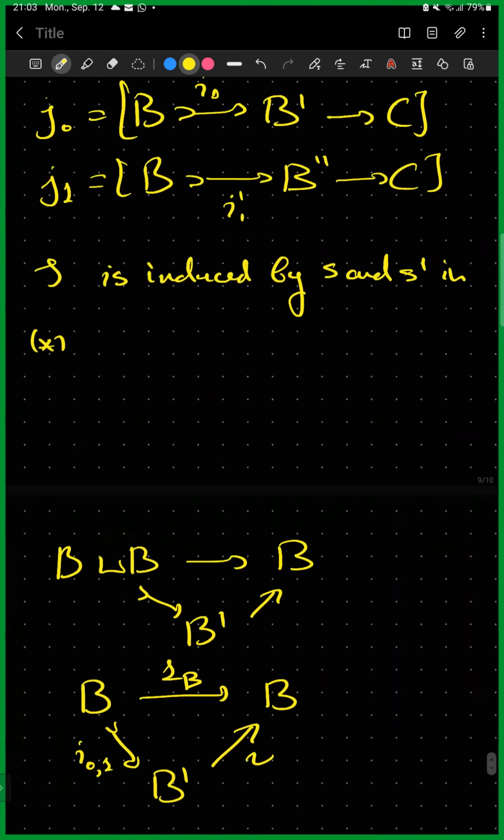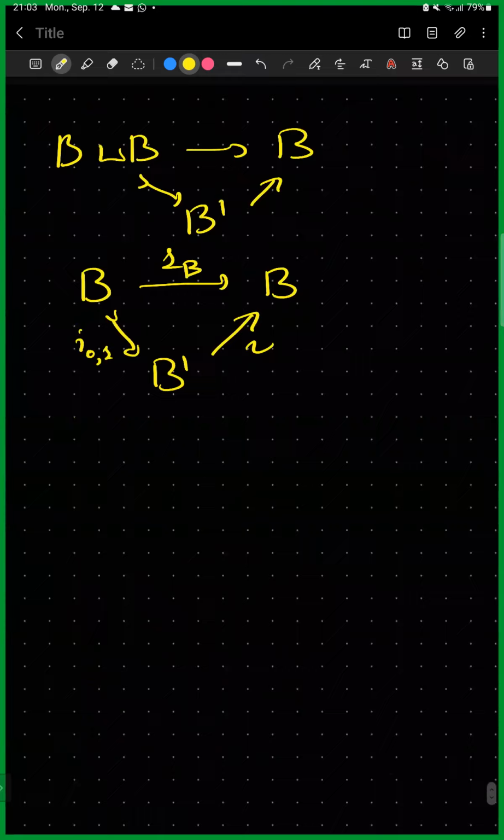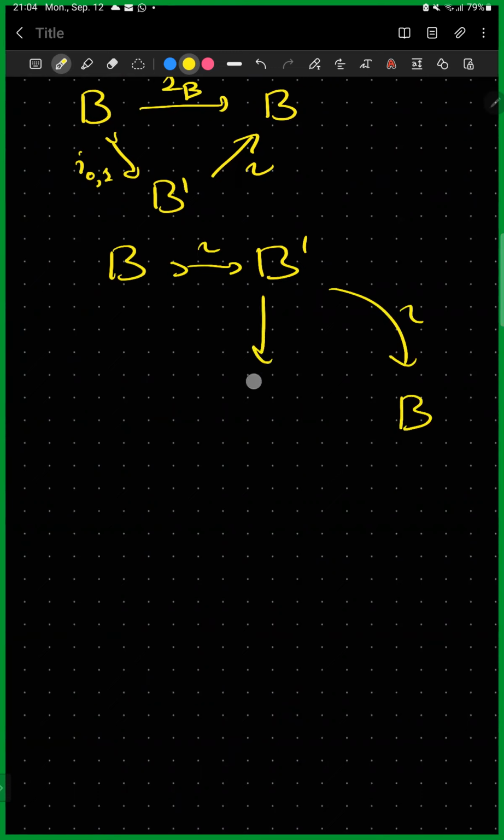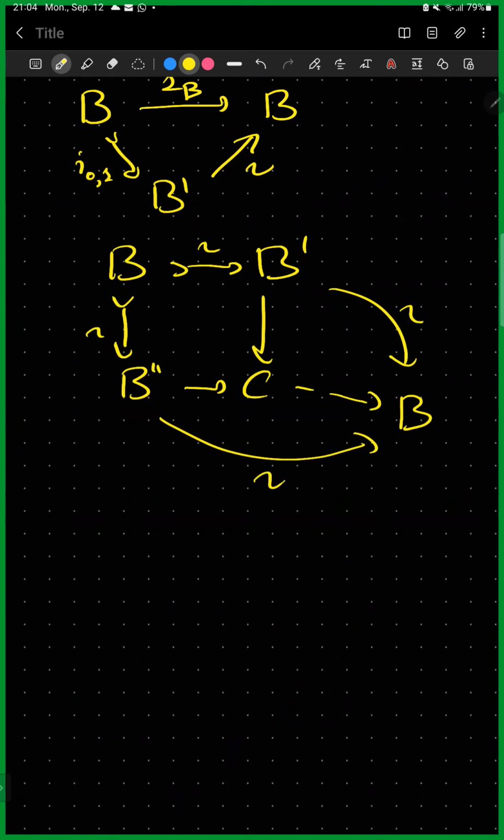So now, knowing that, we can see that here we have a commutative diagram like this, and here we have two weak equivalences.